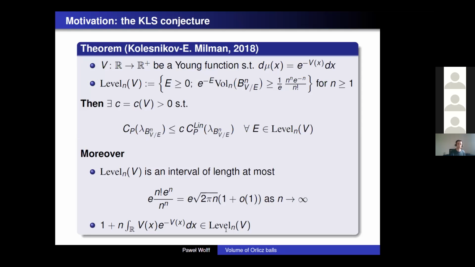And here's the formulation. Well, this is a somewhat simplified formulation of the result of Sasha Kolesnikov and Emmanuel Milman.